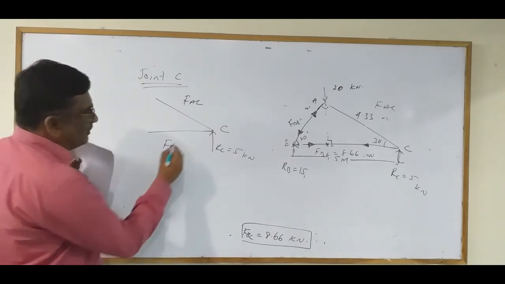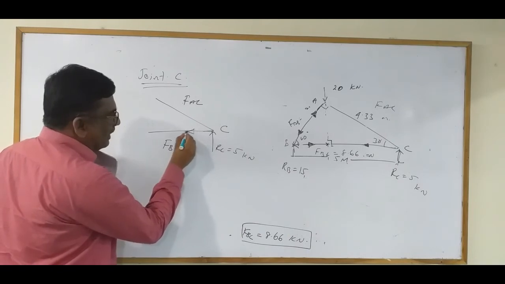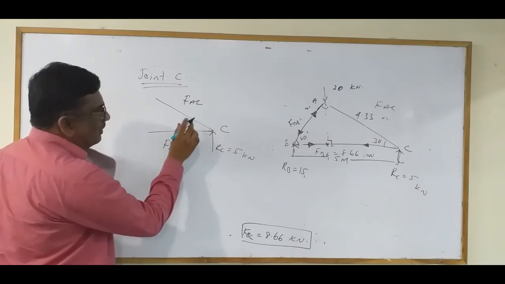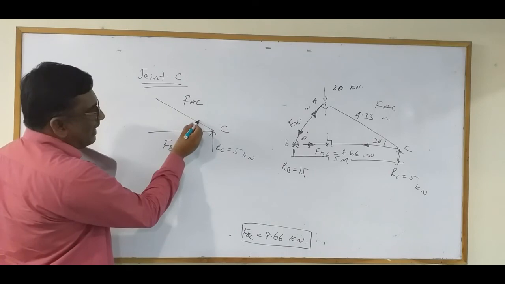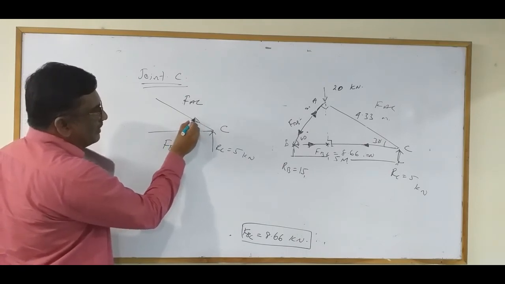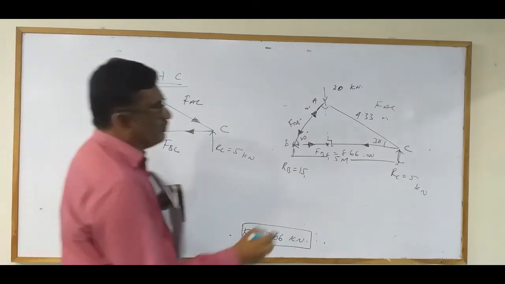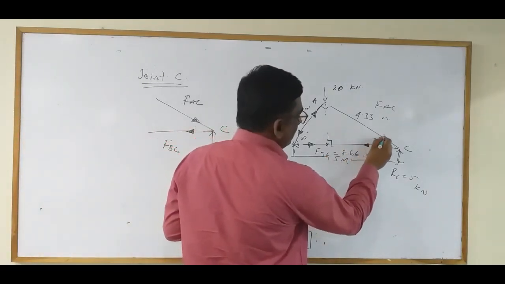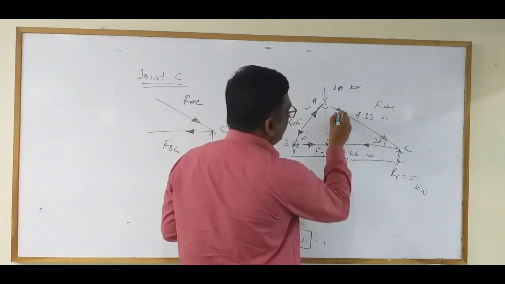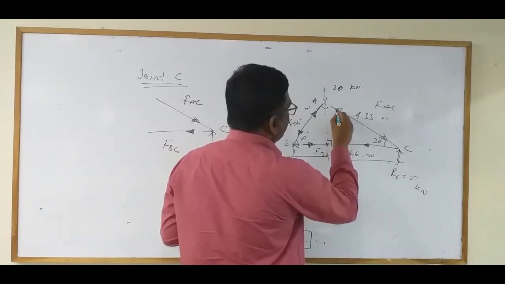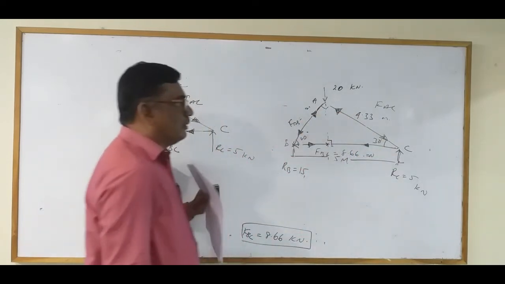What is the direction of this force? This is already found out. For this force, the top rafter member will be compressing, pushing the joint. This direction will be like this. Reverse this direction, so reverse it.